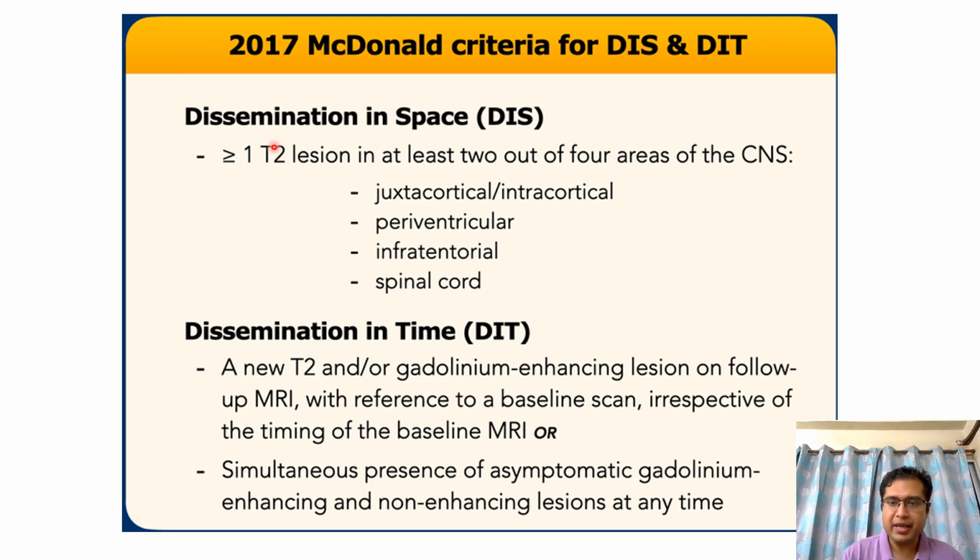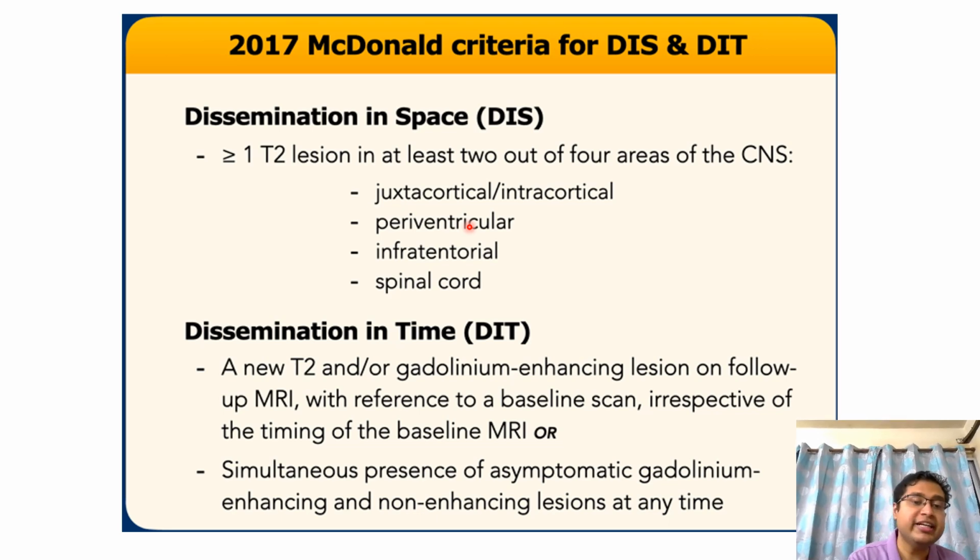Dissemination in space, as the name indicates, means at least one T2 hyperintense lesion should be present in 2 or more of these 4 areas in the CNS, which include juxtacortical or intracortical gray matter, periventricular white matter, which also includes the corpus callosum, the infratentorial region of the brain, and the spinal cord. So even if one lesion is present in any 2 of these regions, it fulfills the dissemination in space criteria.